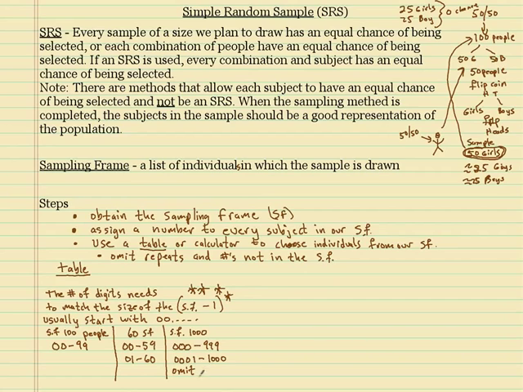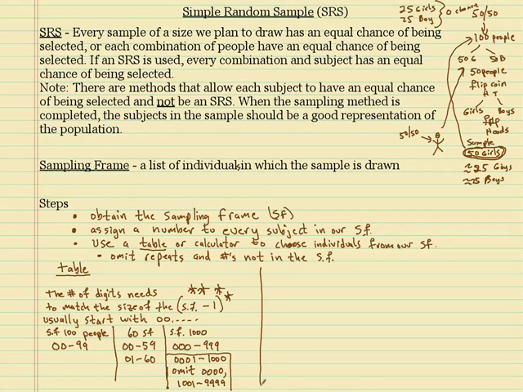Because look, if you go to a table, what numbers could happen? I could get 0, 0, 0, 0, and I also could get 1, 0, 0, 1 all the way to 9, 9, 9, 9. So if you choose this method, you'd have to omit all these numbers. Well, if I choose this method, I don't have to omit any numbers. There's no other numbers that could happen with 3 digits if I have 1,000 people.